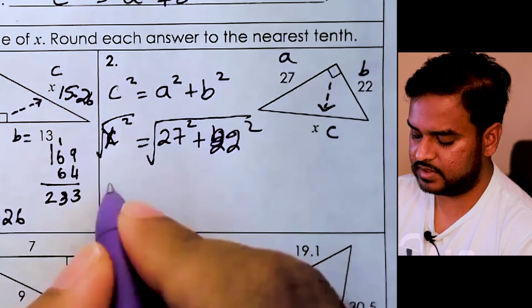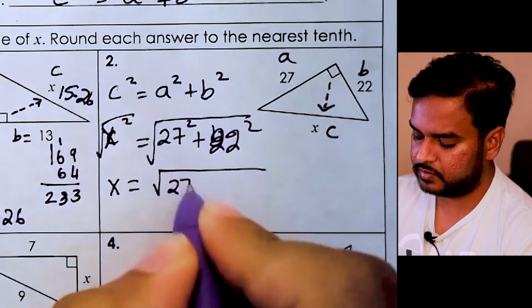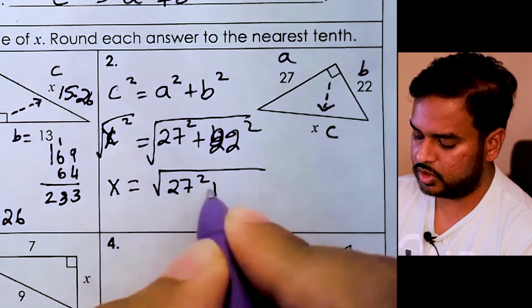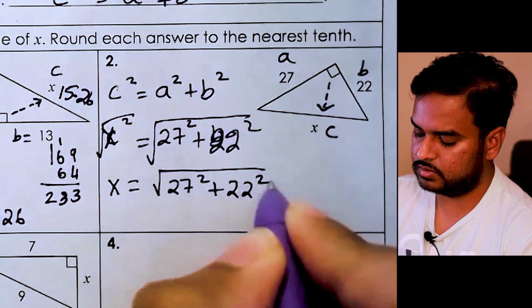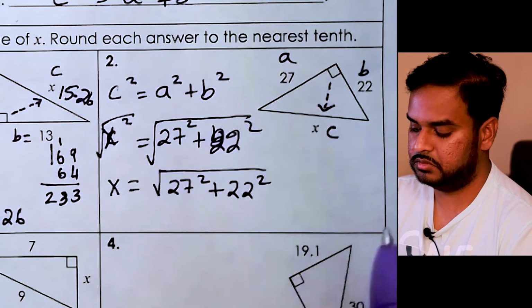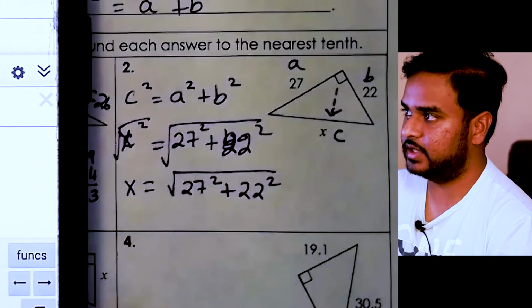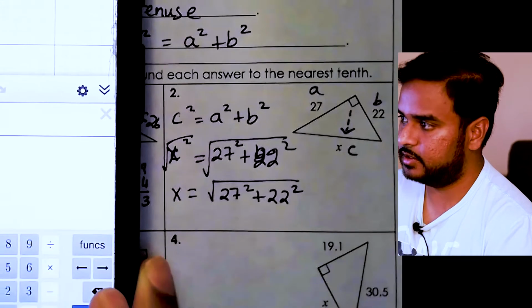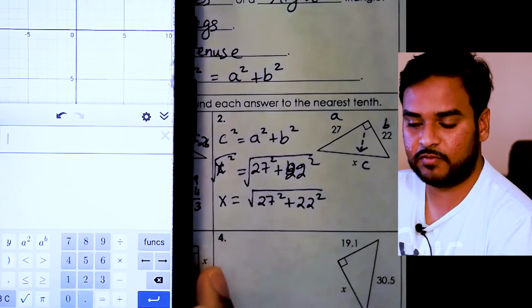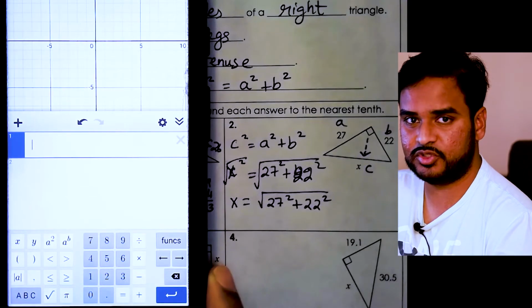So X equals the square root of 27 squared plus 22 squared. Let's see what that looks like on a calculator. Here I have my friendly Desmos calculator. This does pretty much everything for me. If you're interested in this, it's a free app that Desmos provides.